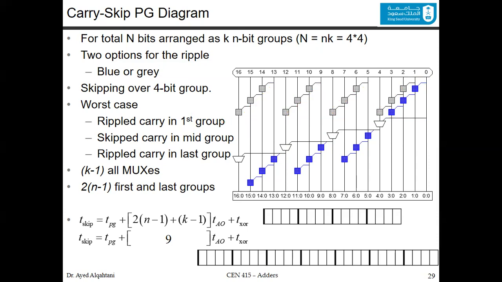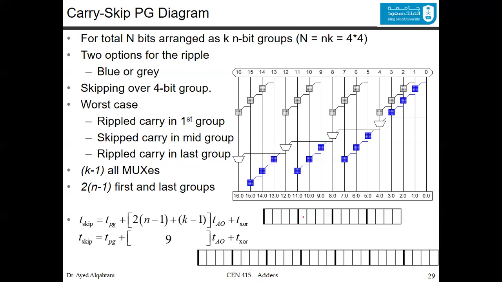Let's say that you ripple the first one and then skip, and then ripple the last two. So if you ripple and skip, then you need to ripple at the end. And this is going to be your worst case. And so on. This is why we have different methods.